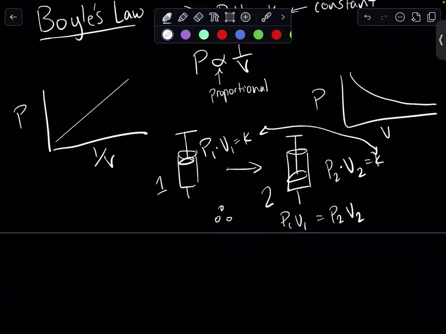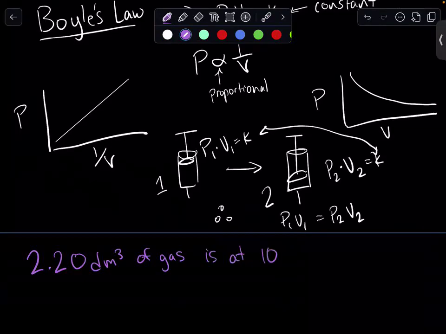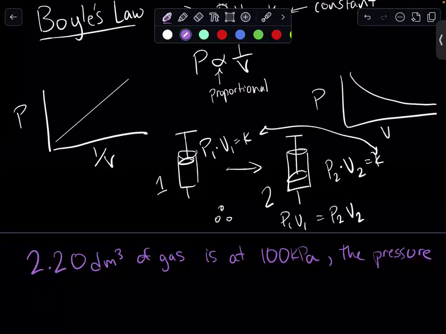So how do we actively use this? Well, let's look at an example. Let's say 2.20 decimeters cubed of gas is at 100 kilopascals, standard pressure, but the pressure decreases to 80.0 kilopascals.